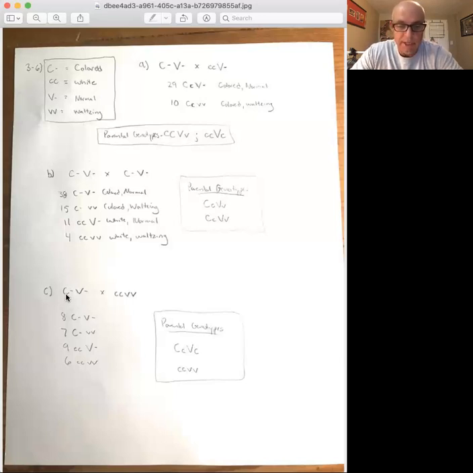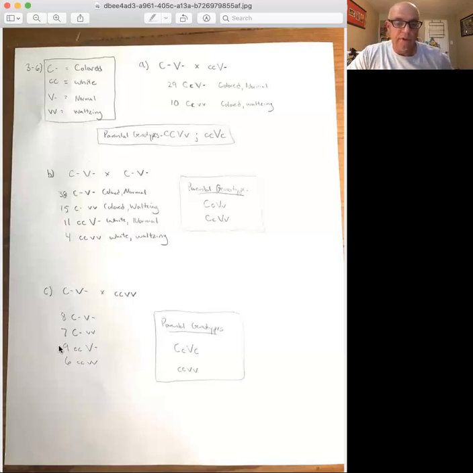The genotypes would be big C dash, big V dash, that's colored normal, with white waltzing, recessive, and you get basically all 4 phenotypic classes out: colored normal, colored waltzing, white normal, white waltzing.